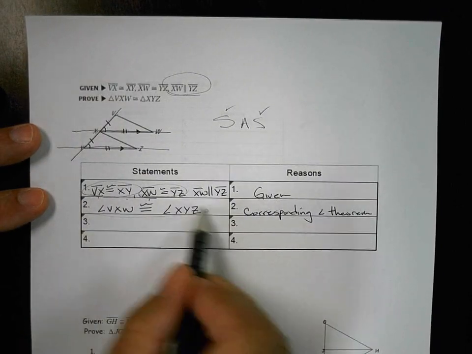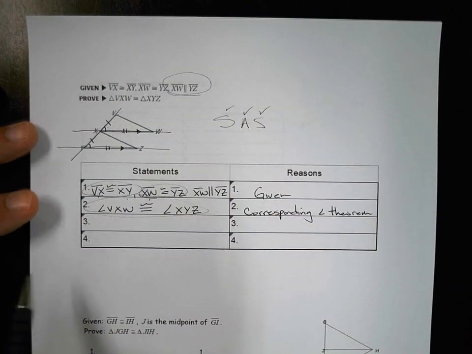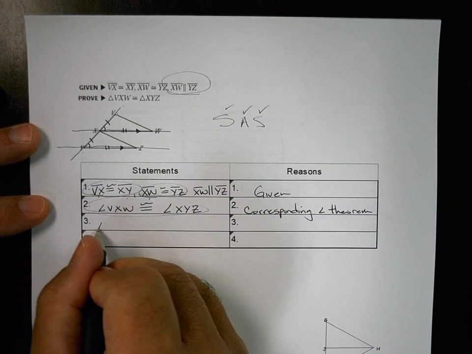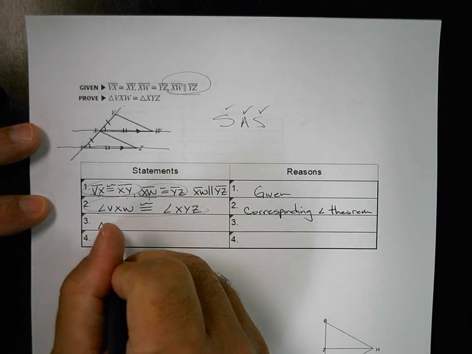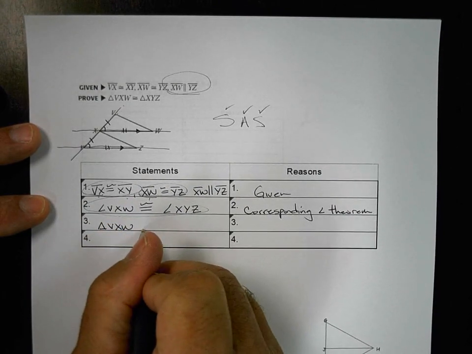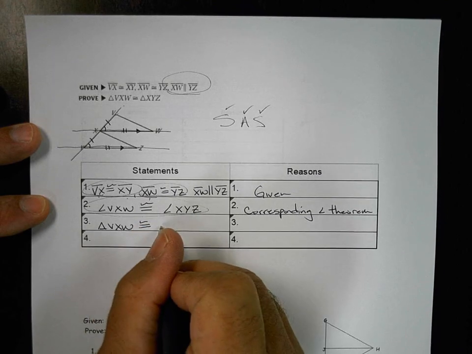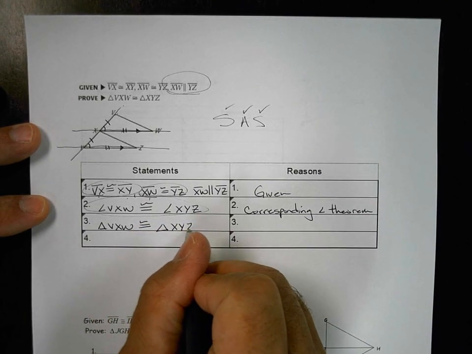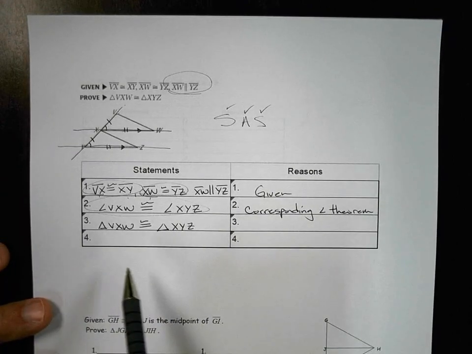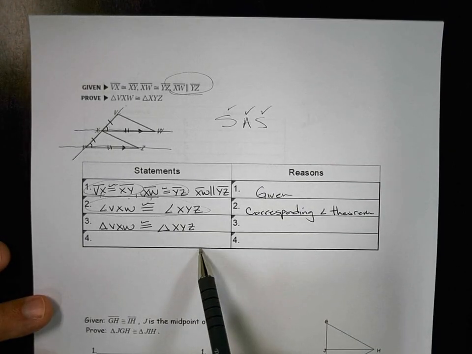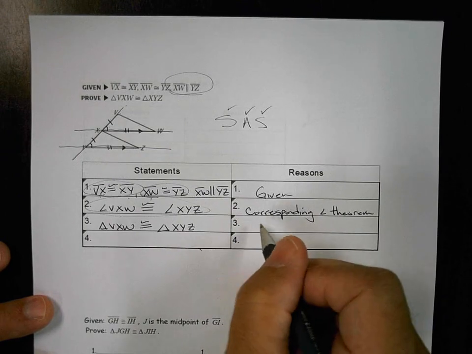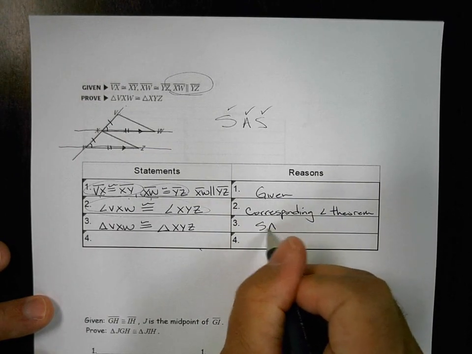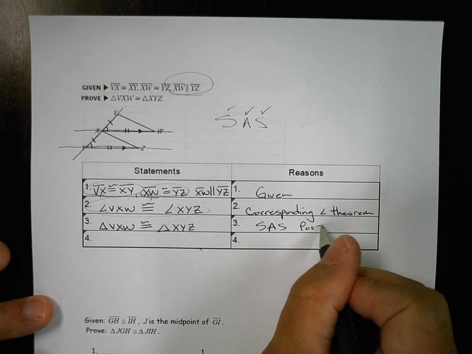Okay, so now we've got our angle. So now we can say that triangle VXW is congruent to triangle XYZ. Now when we create proofs, we always try and give you the right number of lines to prove it, and we know this by side angle side postulate.